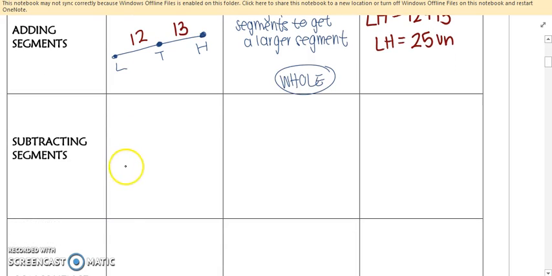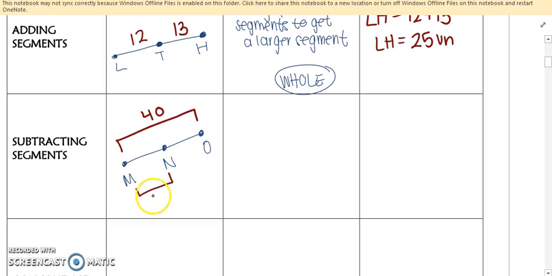When we're subtracting segments, let's say we're given a different segment, maybe that measure is MO with a point of N in the middle. We are given the measure of MO is, let's say, 40, and we're given the measure of MN is 27. So when we're subtracting segments, we're using the whole to find a part of it.